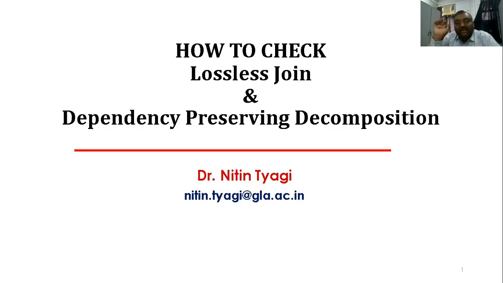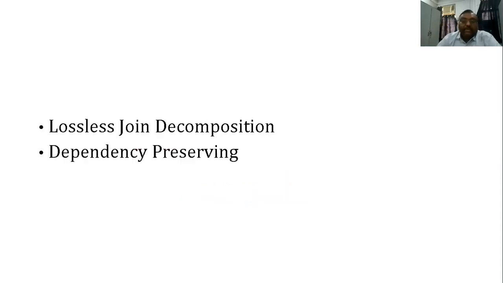The second thing is that the relationship between different attributes in a relation should also be maintained. This we will discuss in dependency preserving decomposition. So these are the two important properties of decomposition: the first is lossless join decomposition, and the second is dependency preserving.